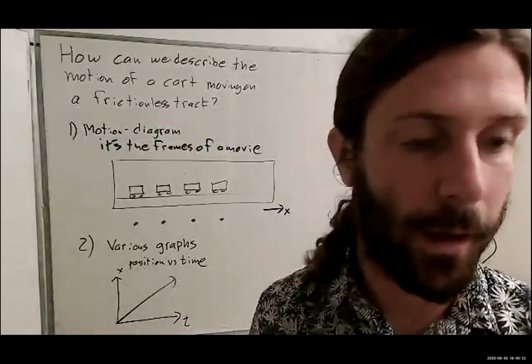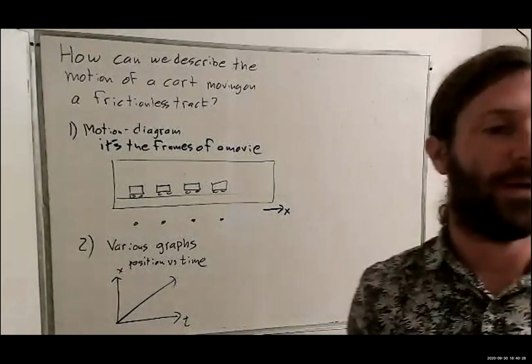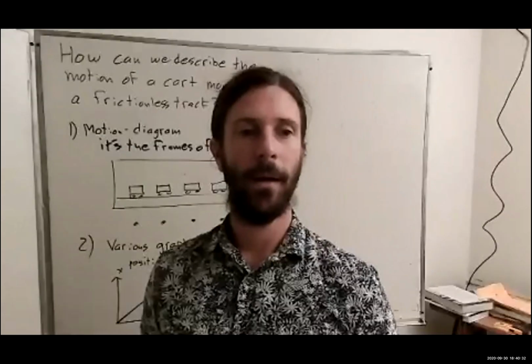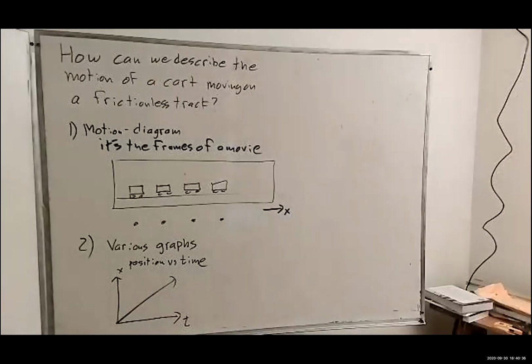Oh, is it blurry? Maybe if I do this. Okay, hold on. Maybe I do need both lights on. Did that make it less blurry? No? Okay. Sometimes just more light helps.